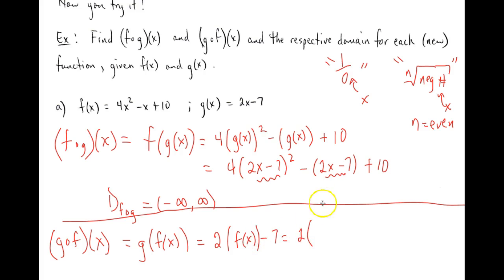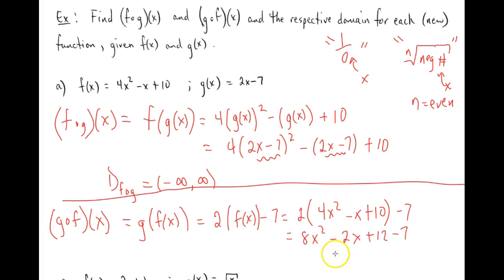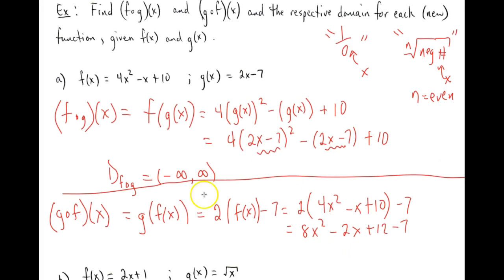So this would be 2 times here 4x squared minus x plus 10, and that will be a minus 7. And we'll just say that is 8x squared minus 2x plus 20 minus 7, and then that result there will be 8x squared minus 2x plus 13.